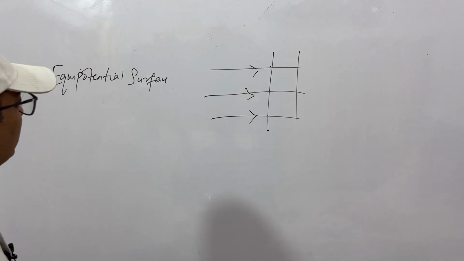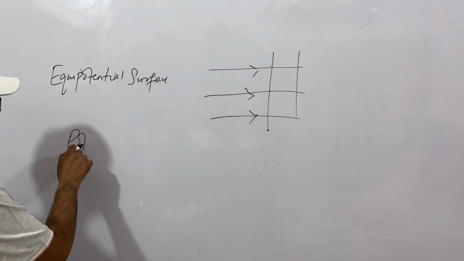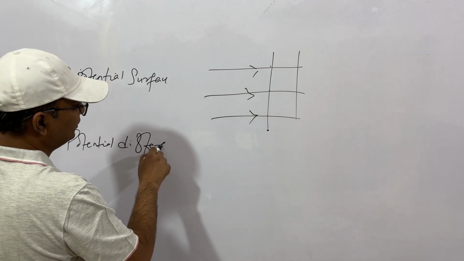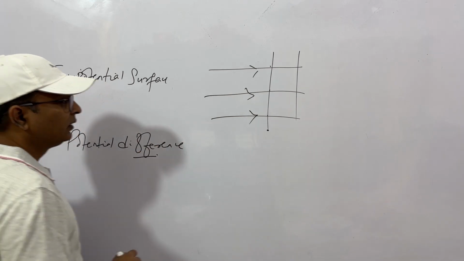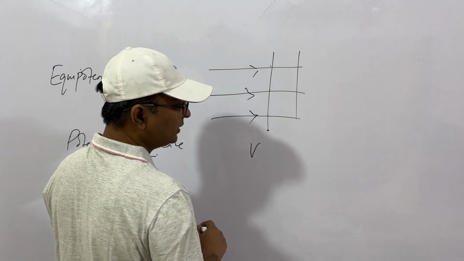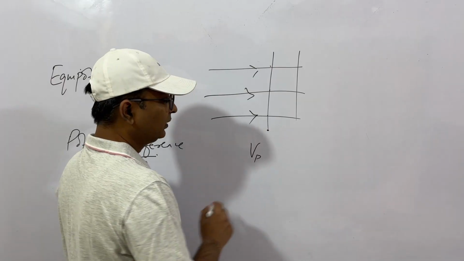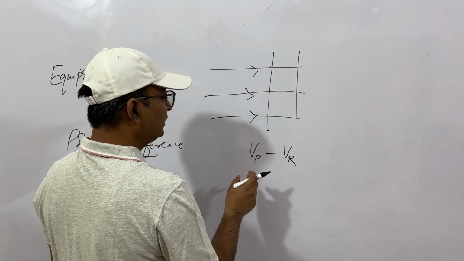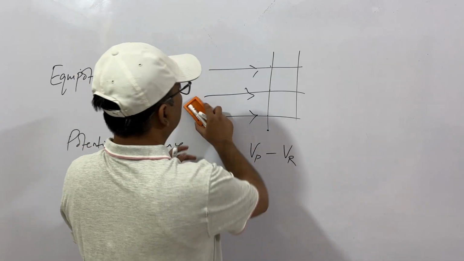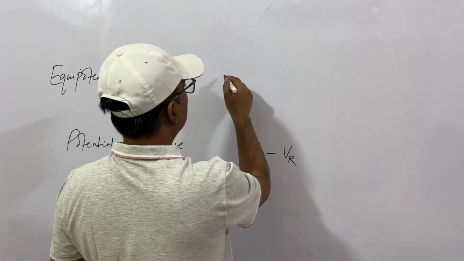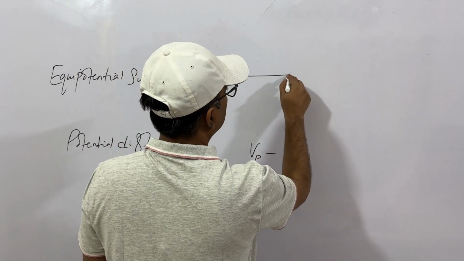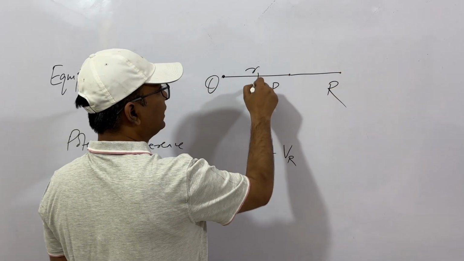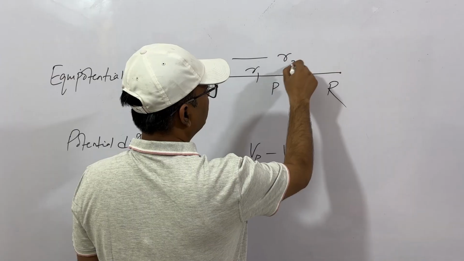Clear? Now, what is potential difference? I told you the potential at point P is Vp. Potential at another point, let's say R, is Vr. Because of this charge, this is P and this is R. This is R1 and this is R2.